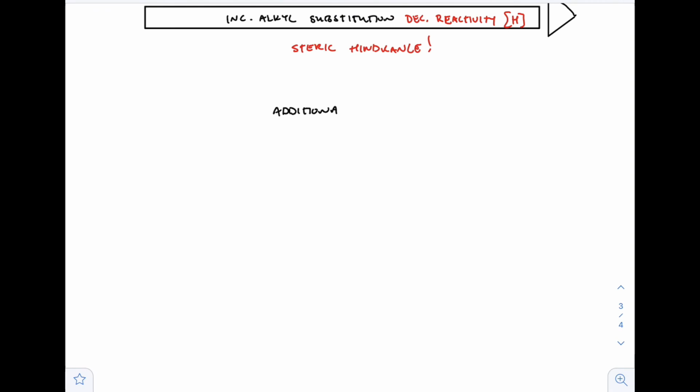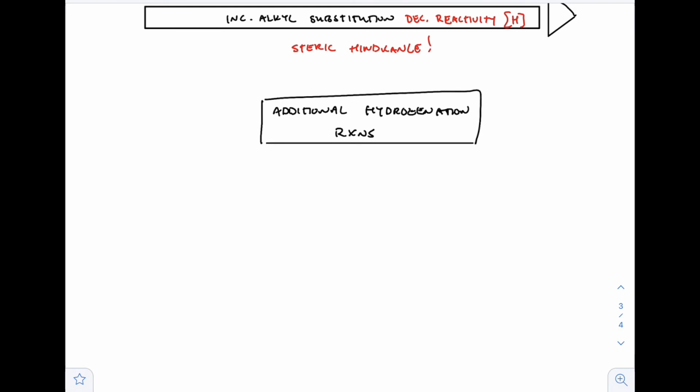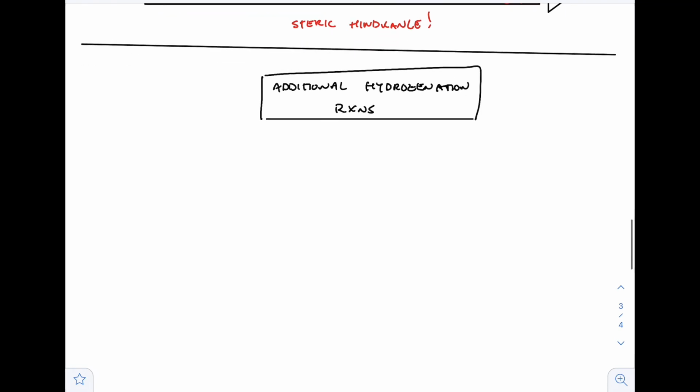And so there are additional hydrogenation reactions that we should be familiar with. They are more or less the same process, but we're going to categorize them because I know sometimes it gets weird translating the reaction products when we only saw the alkene.